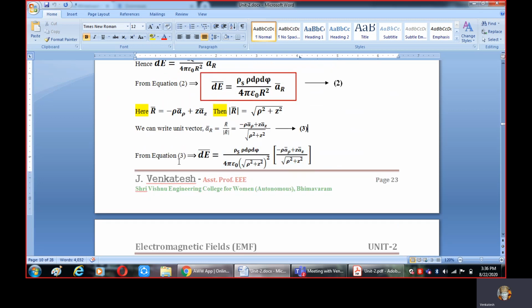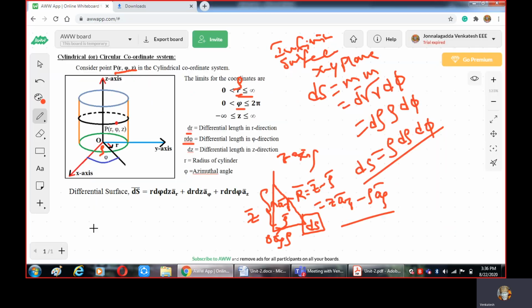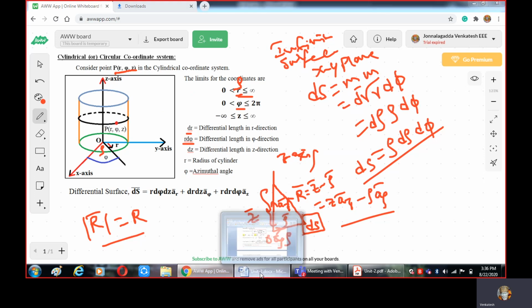Okay, from equation 3, we can reframe equation 2 like this. dE bar is equal to rho_s rho d rho d phi by 4 pi epsilon. As it is, I am writing. In place of r square, I am writing the square root of rho square plus z square, whole square. As we know, I have said many times, the mod of any vector is a scalar value.